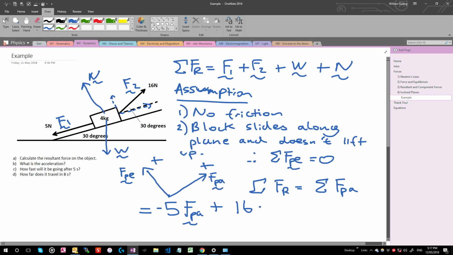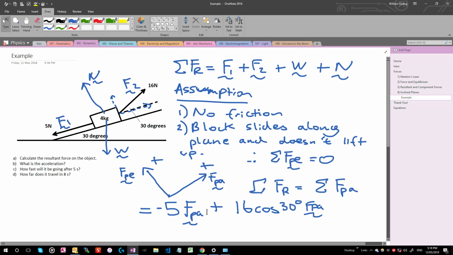So you take 16 cos 30 degrees for F_PA. This is the parallel component of F2, and because it's in the positive direction, it's fine to keep it as positive.